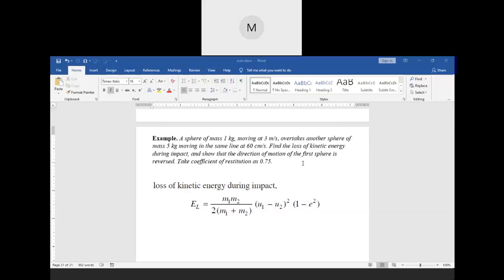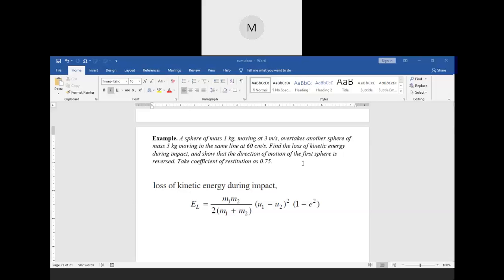Yes, sir. Then you have to use the relation v2 minus v1 equal to e times (u1 minus u2). You will use those two equations. You have two unknowns now, since you don't know the final velocities, so you don't know the values of v1 and v2.